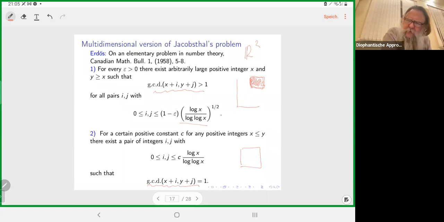Why am I speaking about such special problems? I promised that I will speak about homogeneous and inhomogeneous approximation, so my next slide will give some explanation.